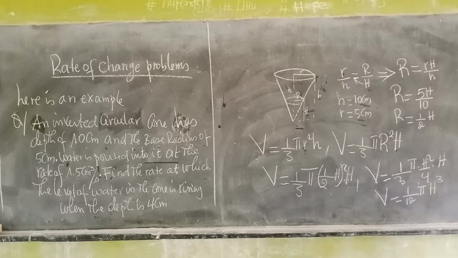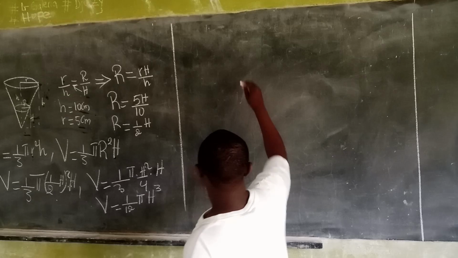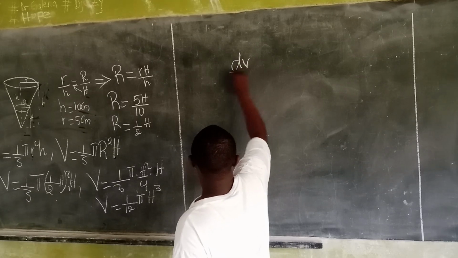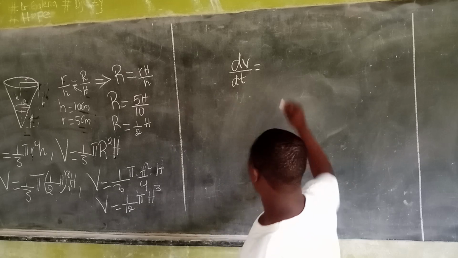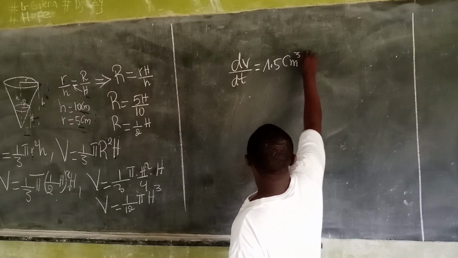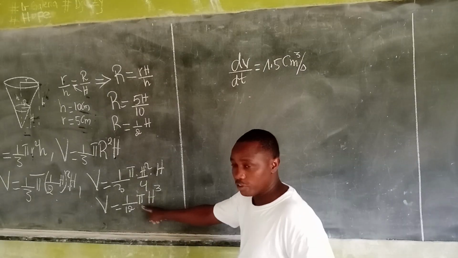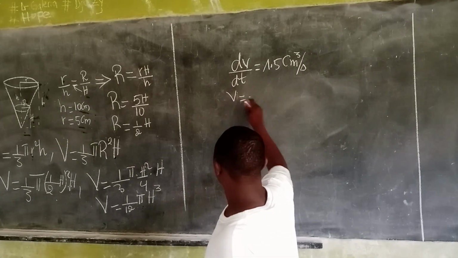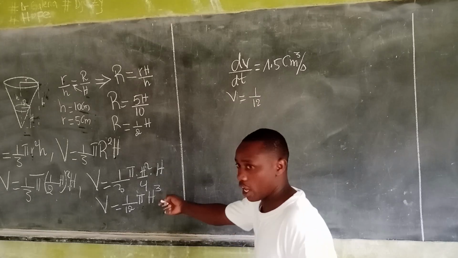Okay. According to the question we've been given, the change in volume with respect to t was 1.5 centimeters cubed per second. And here we have the volume. Our volume here is 1/12 pi times h power 3, because it was expressed in terms of h.